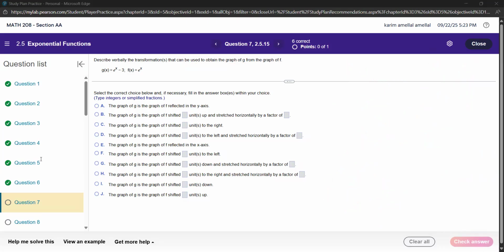Okay, so here the parent equation was e power x, and what happened as a transformation was e power x minus 3. So we have the transformation as a number written beside the function f of x, which is e power x, and it was minus 3.